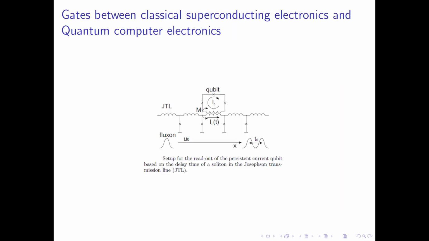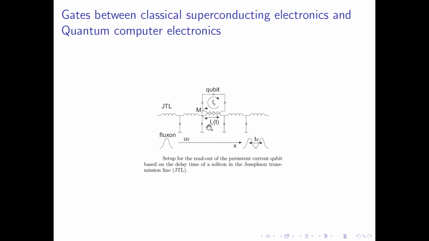And now, what is the concept of communication between a Josephson junction qubit and superconducting classical electronics? It uses vortices of magnetic flux. Vortices of magnetic flux are traveling via a Josephson transmission line, as I mentioned at the very beginning.